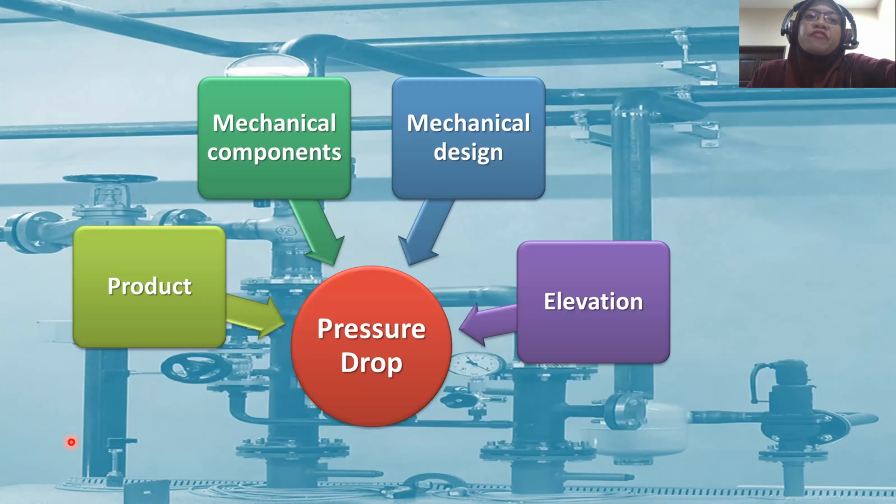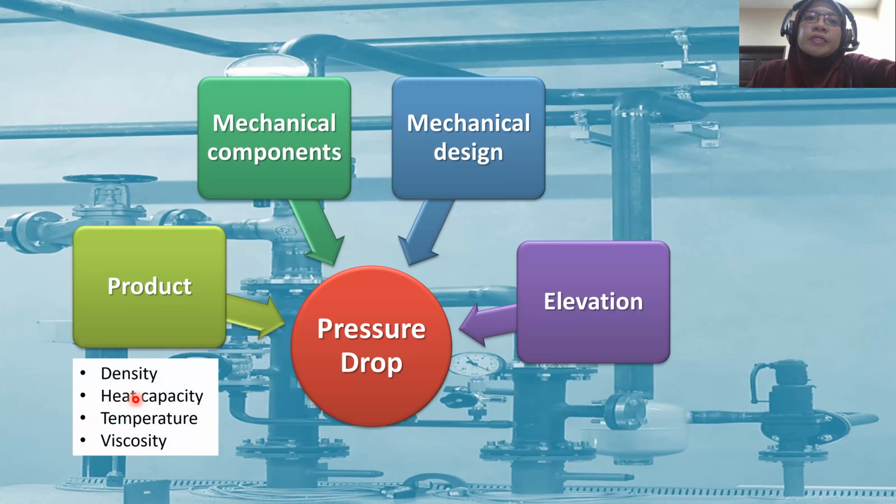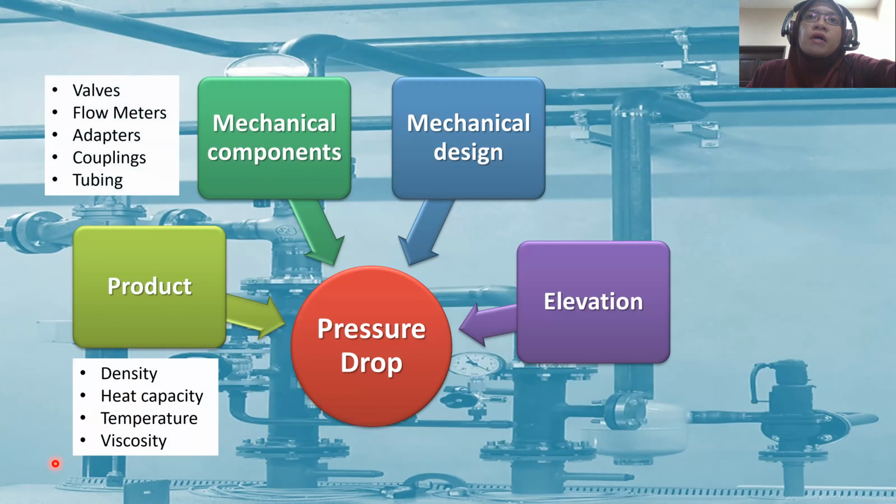Pressure drop can be affected by the product properties, including density, heat capacity, temperature, and viscosity. Mechanical components in the piping system can also affect pressure drop, such as valves, flow meters, adapters, couplings, and tubing. These components remove energy from the process flow.